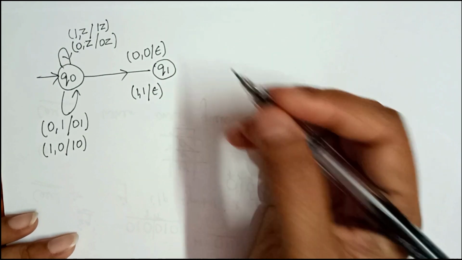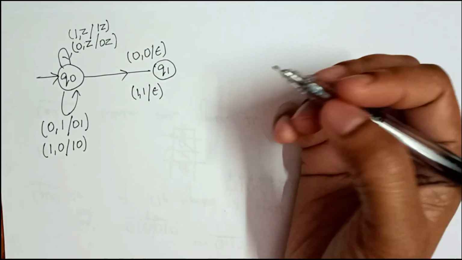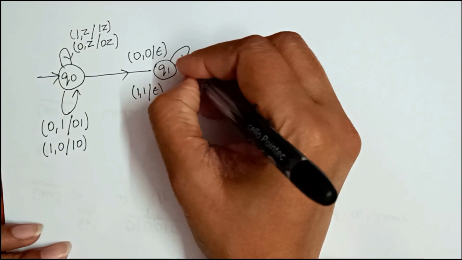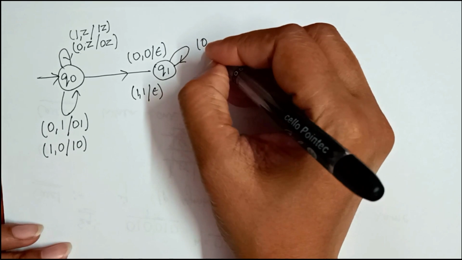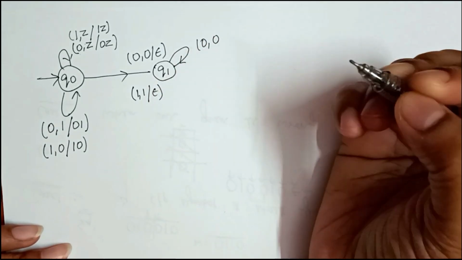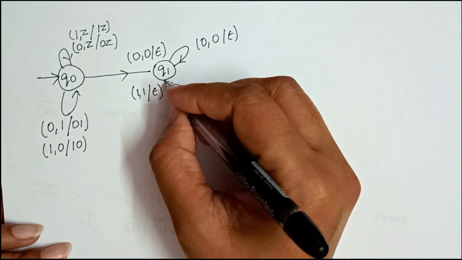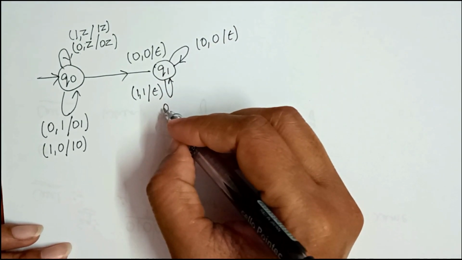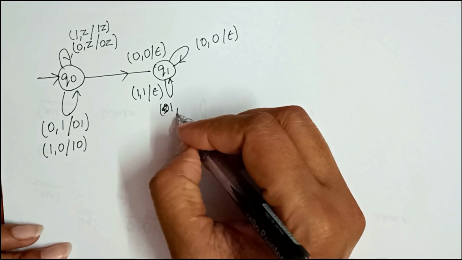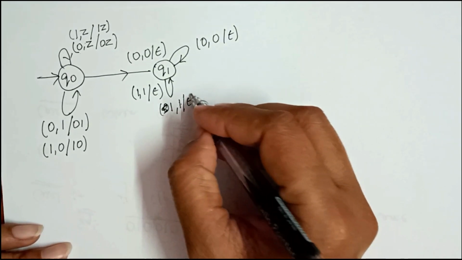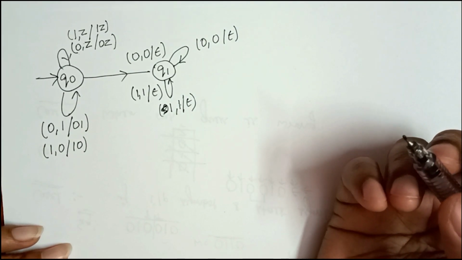Or for matching purposes, W R with W, we remain in the same state Q1. So the input symbol is 0 and the top of the stack is 0, so we keep on matching, and for this 1, the input symbol is 1 and the top of the stack is 1, so we pop it and remain in the same state Q1.